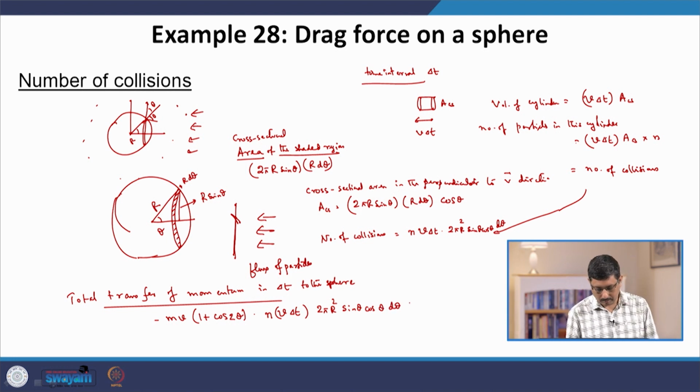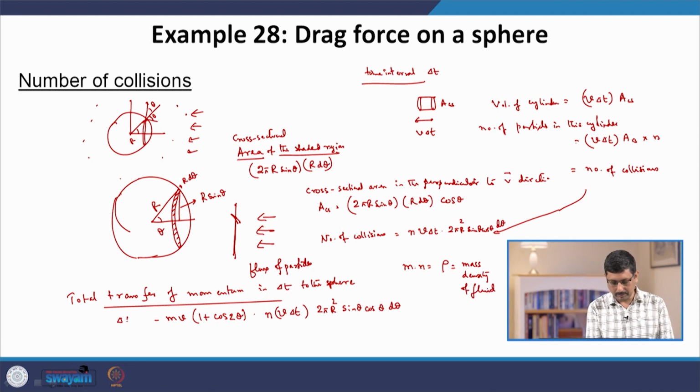So, then this m times n is the mass density of fluid. So, let us call it delta p.